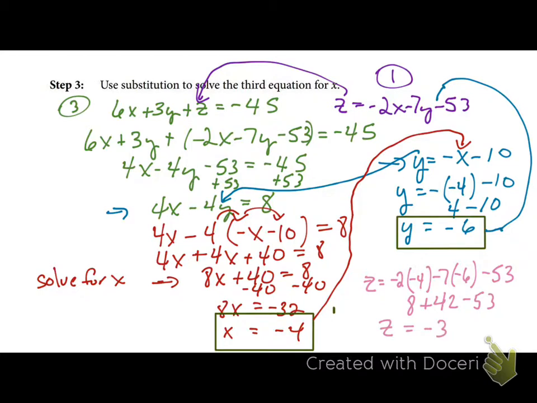And you have now found your z. So we would put this for our final answer over here as an ordered triple. Our x was a negative 4, our y was a negative 6, and our z was a negative 3. And check it off because you are done.